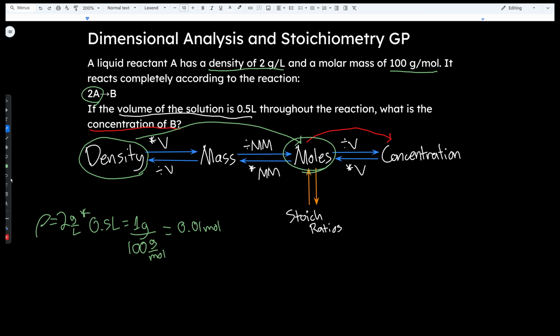We've arrived here, and now we need to use those stoichiometry ratios to get to moles of B. So we have our moles of A. The theoretical, from the reaction, I'll do this in orange so you can track that we're doing stoichiometry here, is that every 2 moles of A is going to be reacting with every 1 mole of B. So now let's look at what we actually have.